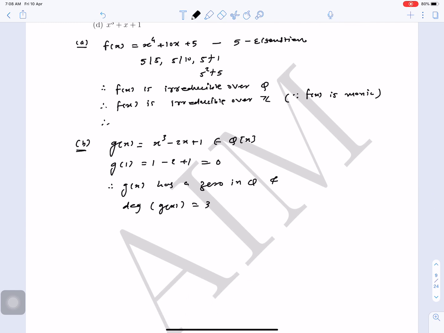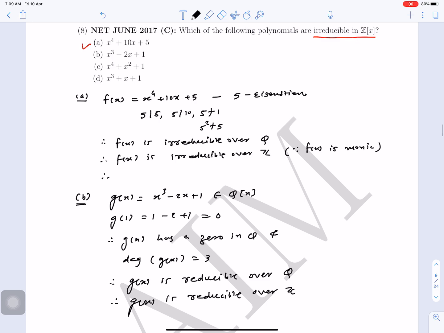So we know the result, if degree of a polynomial is 2 or 3 and it has a zero in F, then it is reducible over F. So therefore g(x) is reducible over Q. So therefore g(x) is reducible over Z, as g(x) is a monic polynomial. And in option B, this polynomial is reducible, and we are interested in irreducible, so option B is wrong.